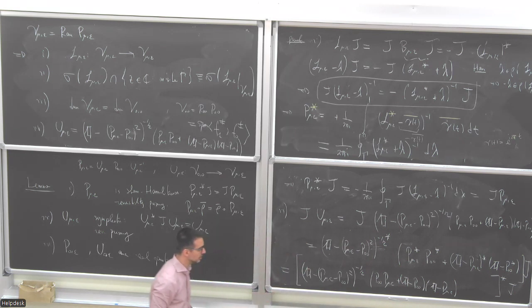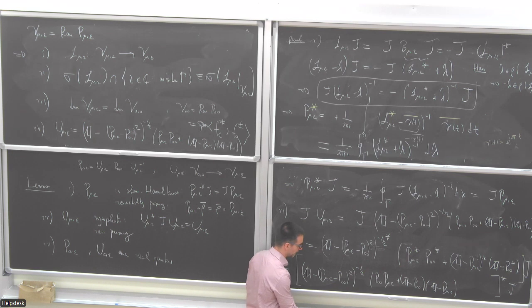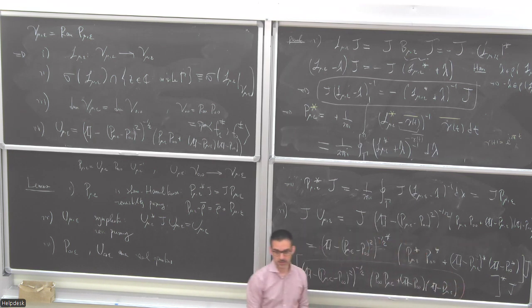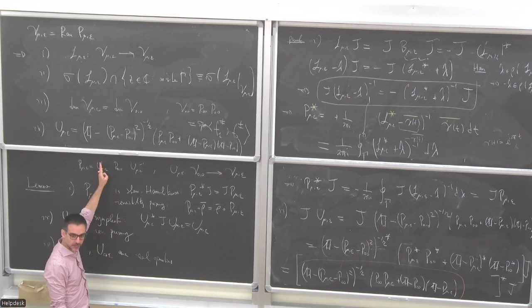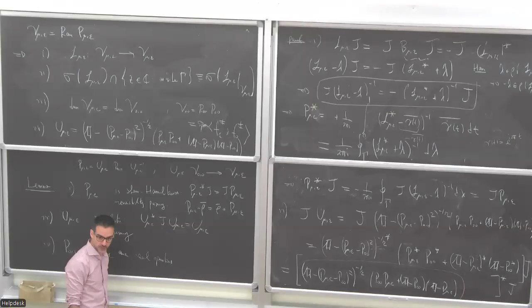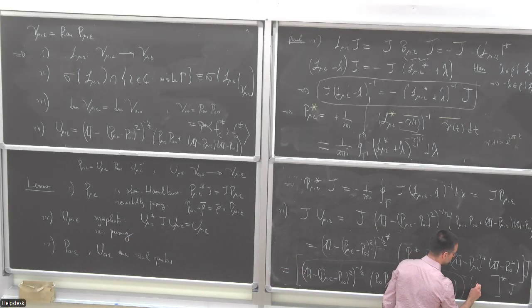And what is this guy? We have already seen this, it was on the blackboard already. This was V, the brother of U. And V was also the inverse of U. So this is U epsilon minus 1.